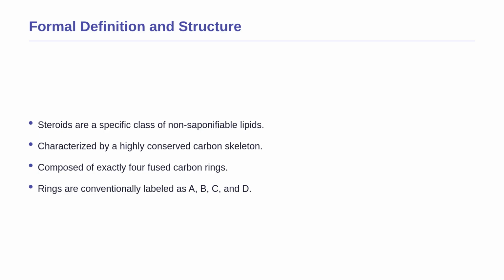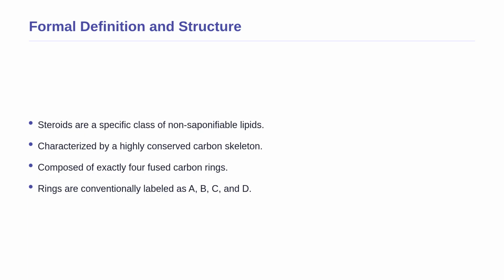Building on that intuitive picture of a honeycomb, let us define steroids formally. In biochemical terms, steroids are a specific class of non-saponifiable lipids. This means they cannot be broken down into soaps by alkaline hydrolysis. What truly defines a steroid is its highly conserved carbon skeleton.